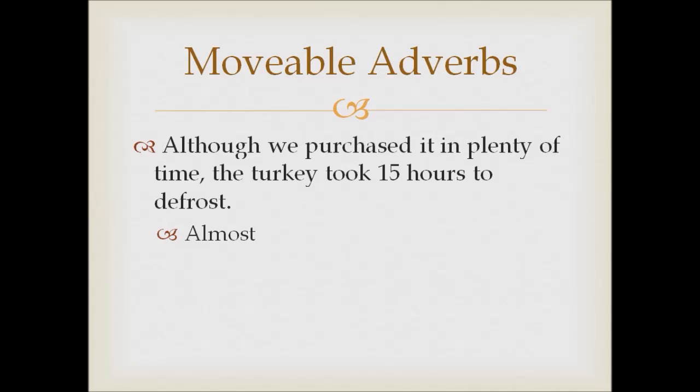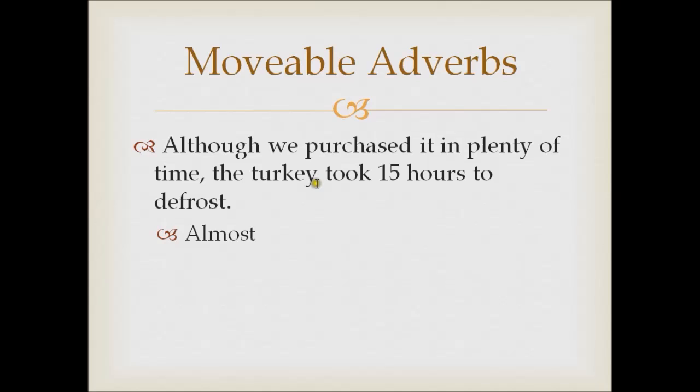In my opinion, taking a look at this sentence, I think the best place for almost is after the word took. The intention of the sentence seems to be that the turkey didn't quite take 15 hours, but it took nearly 15 hours, up to 15 hours. The number of hours is the point that is in question, I guess, is the best way to put it.